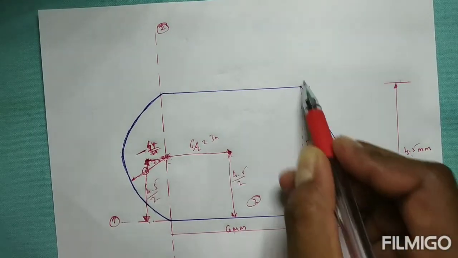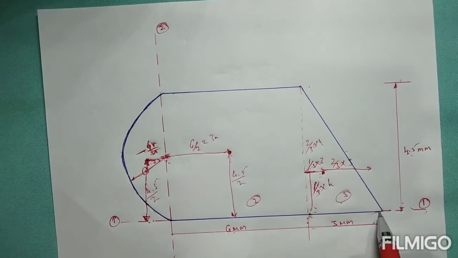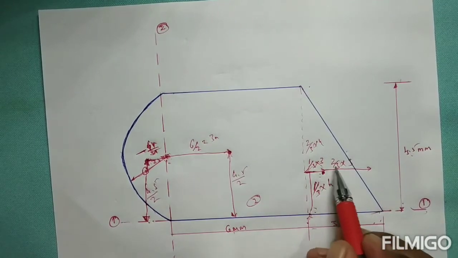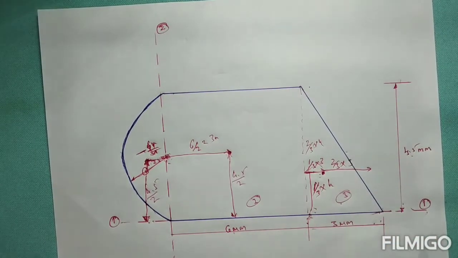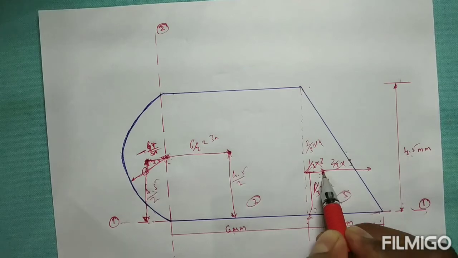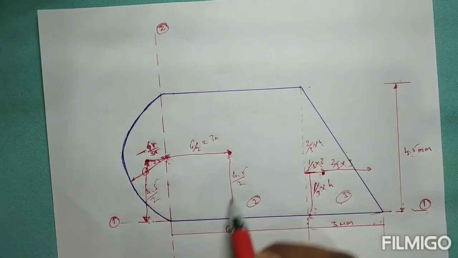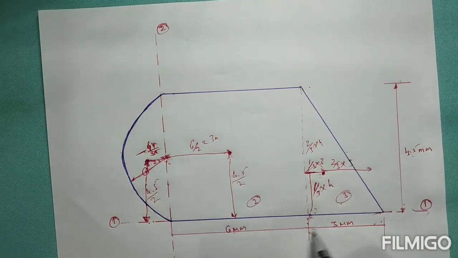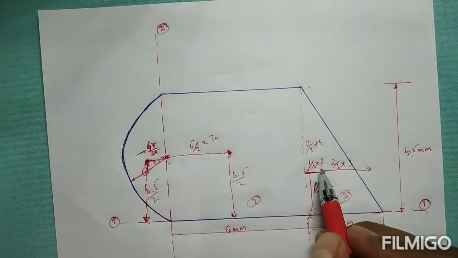In the first case you were considering the height, but here you have to consider the width. So 1/3 of 3, 2/3 of 3. So we need the distance from here to here. From here to here it is 6 plus 1/3 of 3.